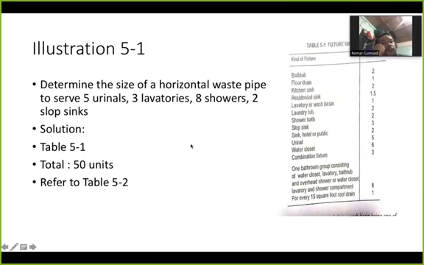Sige, sige. Okay, we have another illustration, 5-1. So the total fixture unit is 50, use table 5-2. And 5-1 is giving you the fixture units of each kind of fixture.